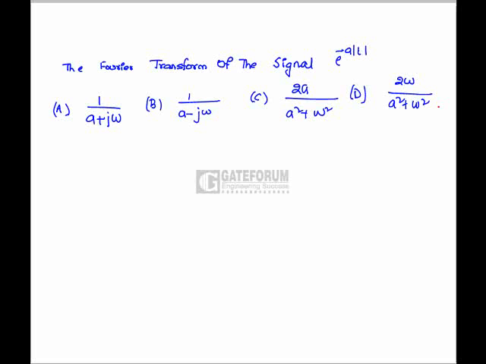What is the Fourier transform of the signal e^(−a|t|)? So we can write e^(−a|t|) as e^(−at) u(t) plus e^(at) u(−t).